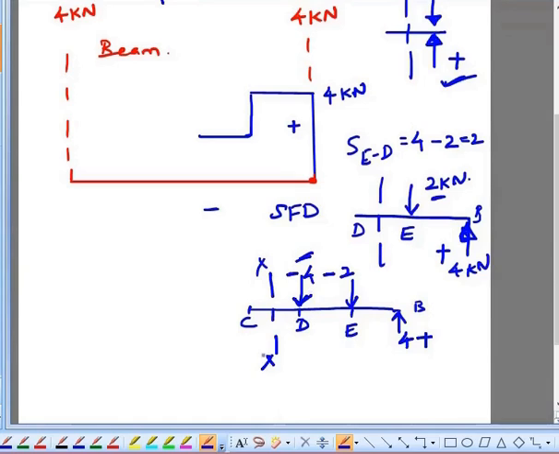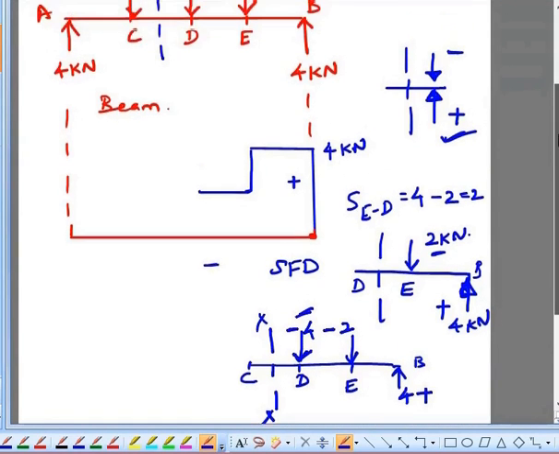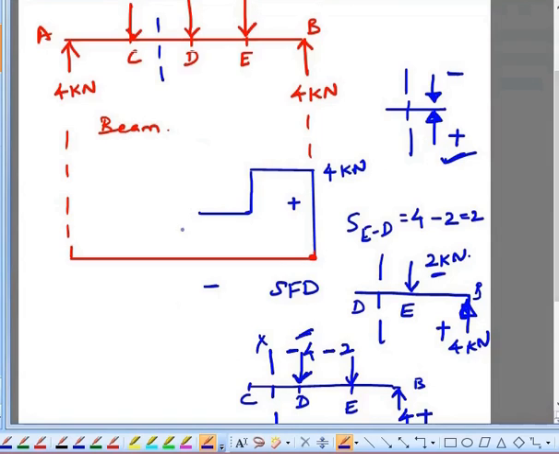So you add all these forces. So the shear force between C and D can be written as minus 4 minus 2 plus 4. This will be giving you minus 2 kilonewton. So the shear force between the point C and D is equal to minus 2 kilonewton.